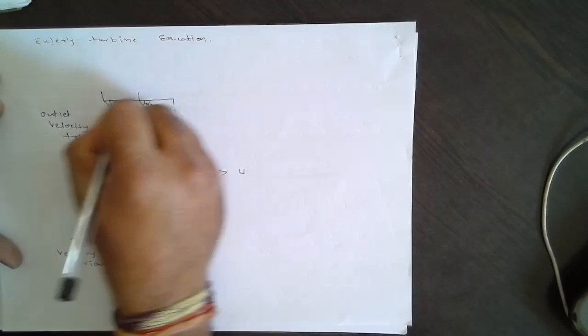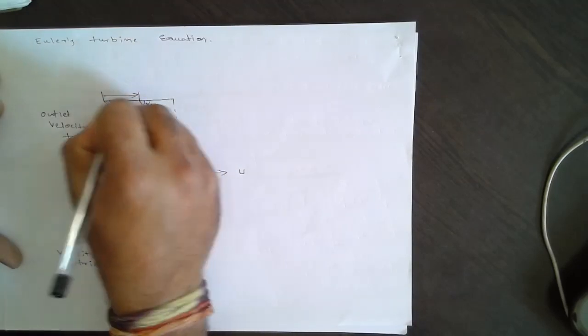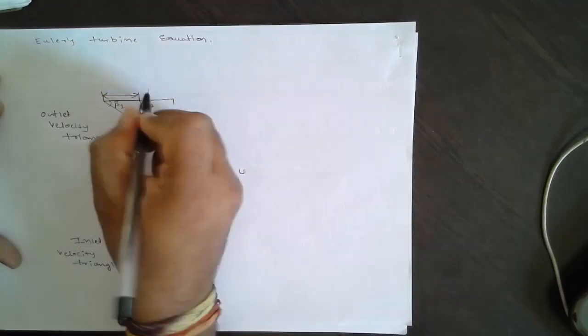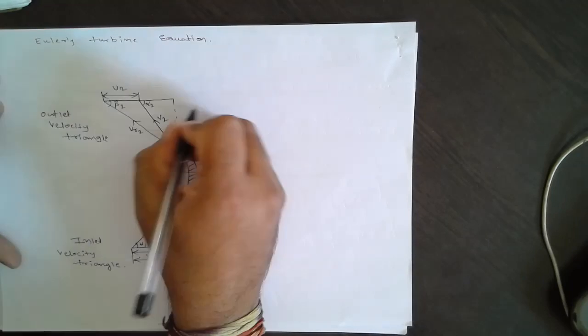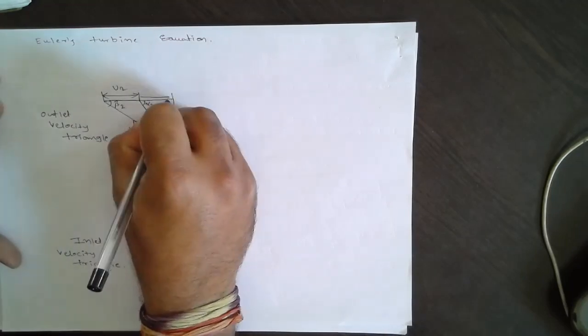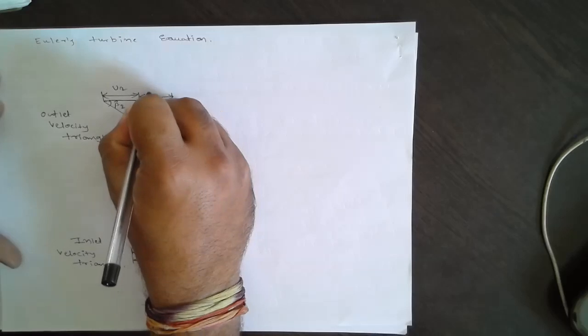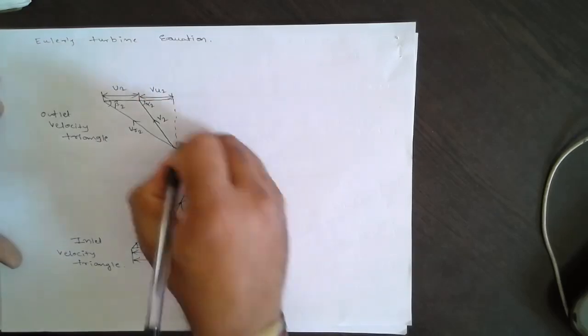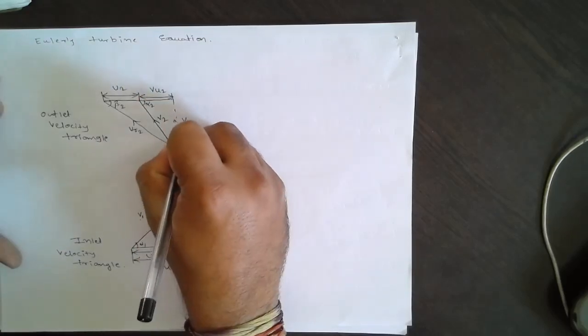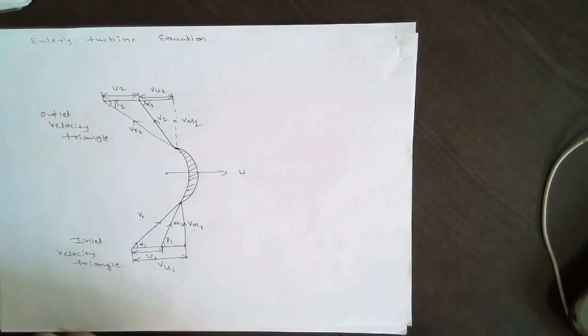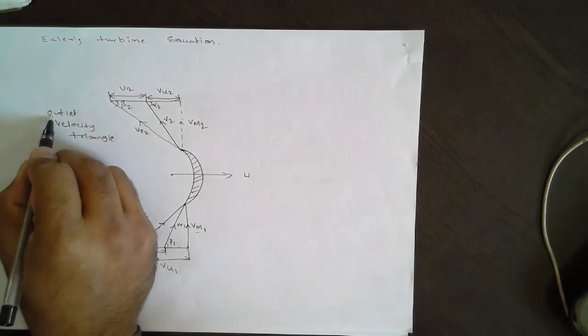The tangential speed of rotation changes from inlet to outlet. We call it VU2, and one more, VM2, the meridional velocity at outlet.